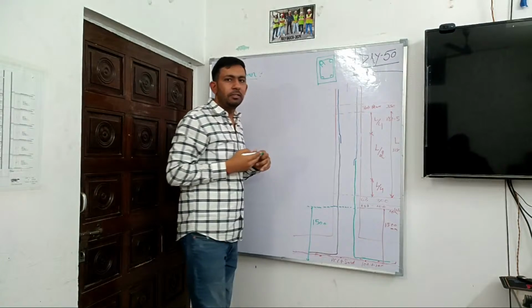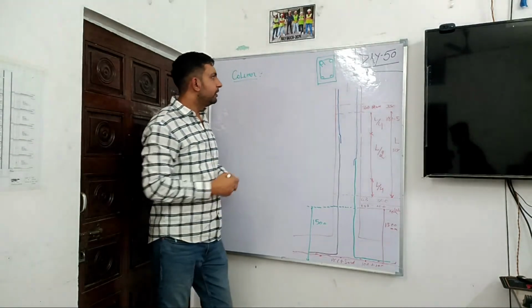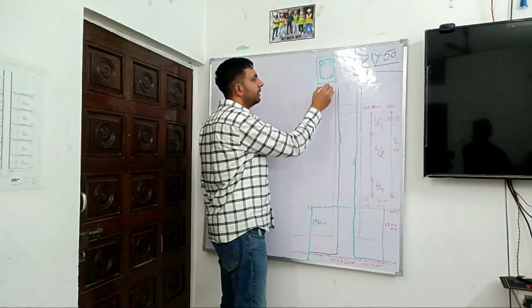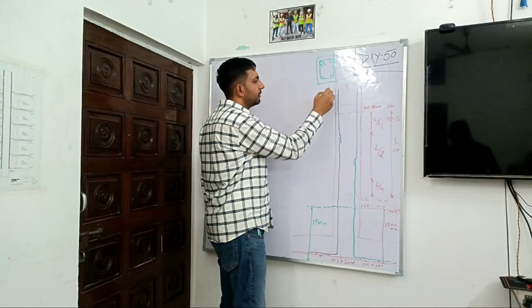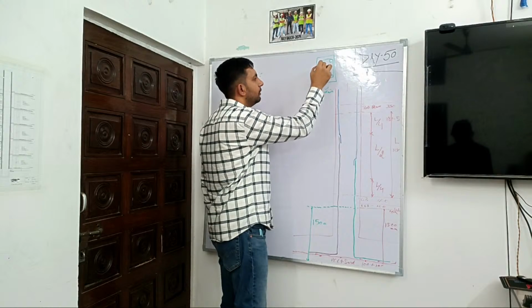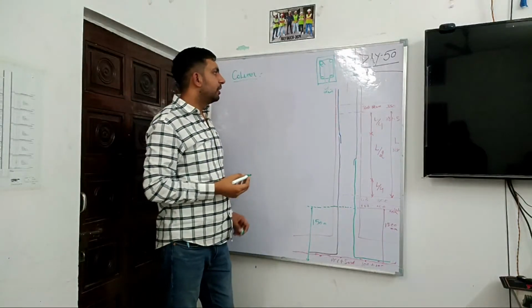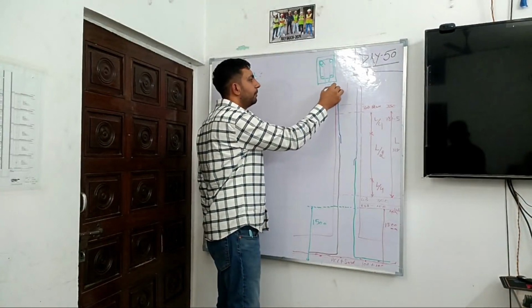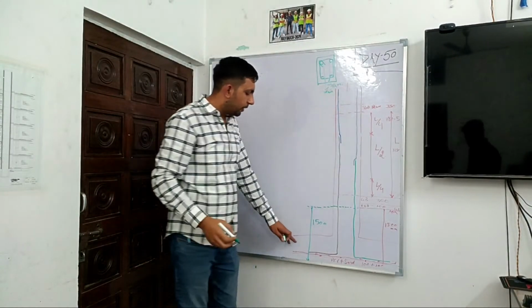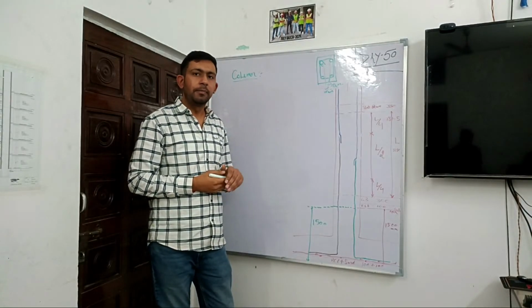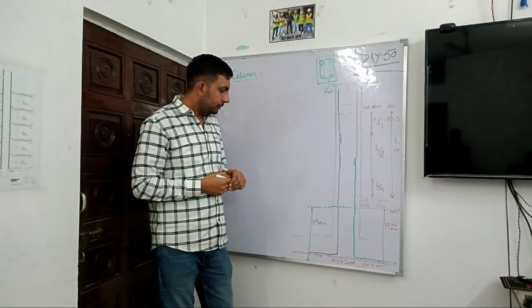We call it a hook also. In this cross section, these are my main bars, all four are main bars. Let's take them as 12 mm. And we have also provided a mesh in footing, which is a 12 by 12 mm rod mesh.